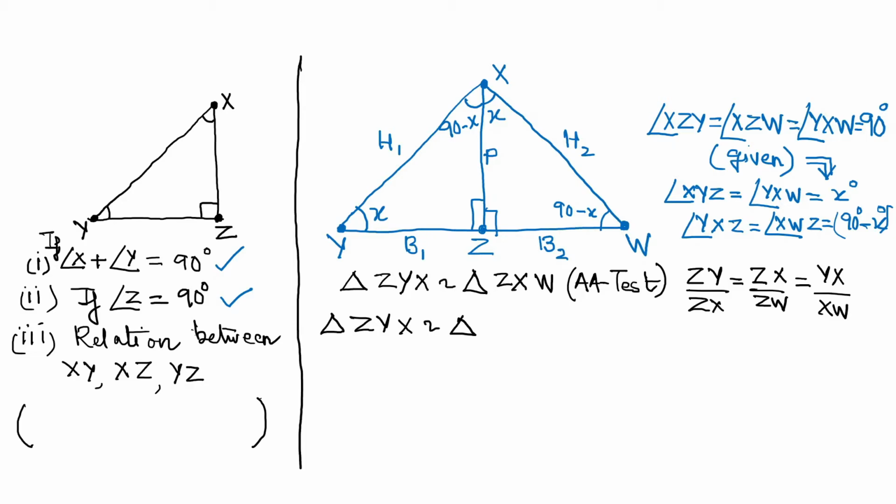Now we are comparing the left hand side triangle with the entire triangle XYW, in which case the angle X is 90 degrees, followed by Y, which is X degrees, followed by W, which is 90 minus X. Again you are using the AA test only, and then using BPT you will be able to say that ZY upon XY is the same as ZX upon XW is the same as YX upon YW.